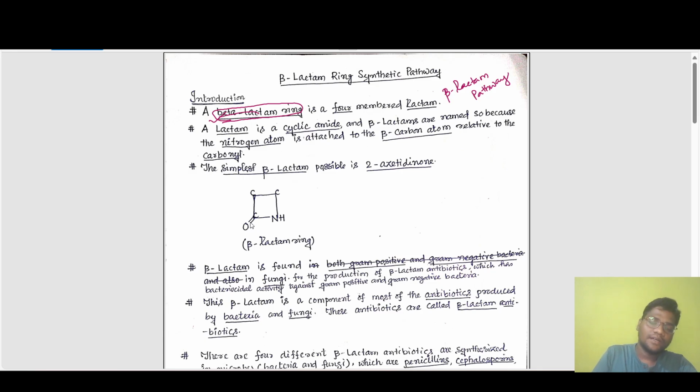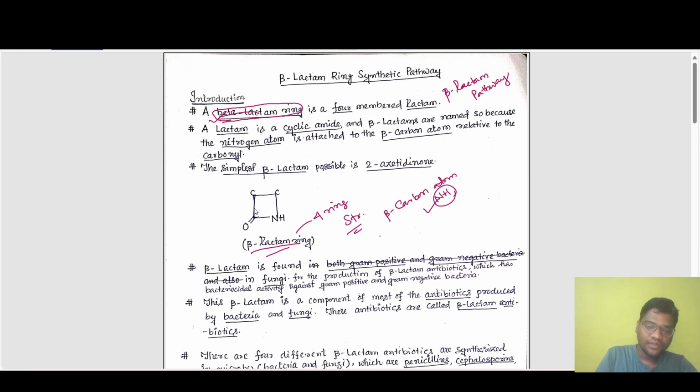These types of compounds have a very common structure, that is the beta-lactam ring. This beta-lactam ring is a four-membered ring structure, in which you can find at the beta carbon atom an NH group, the amine group, attached.